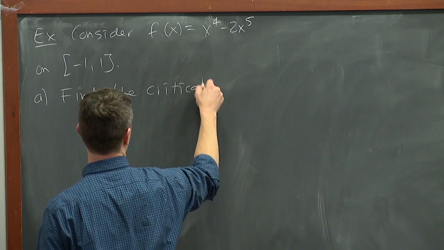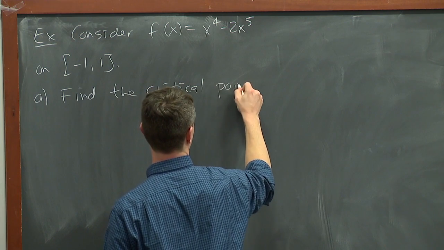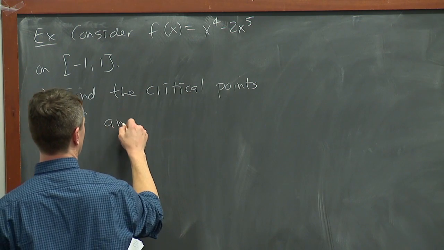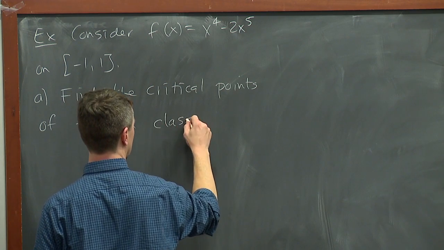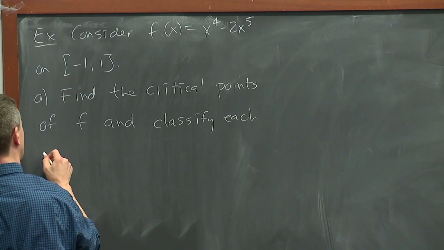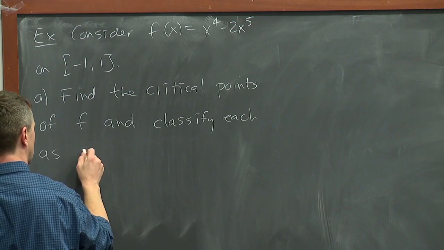So we want to try to figure out what we can about this graph. So let's find the critical points of f, and classify each as a local max, local min, or neither.